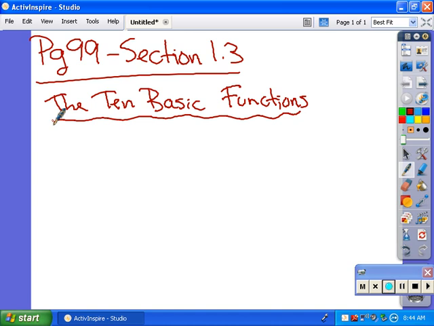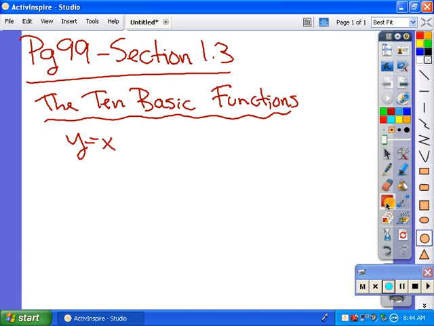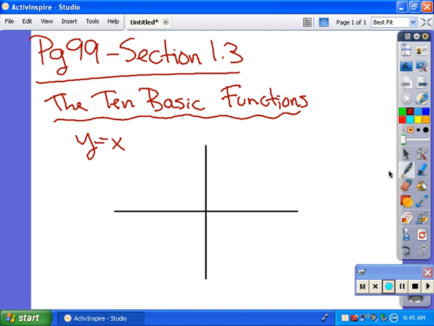Y equals x. It doesn't get any easier than that. If you were to graph the function y equals x, what would it look like?